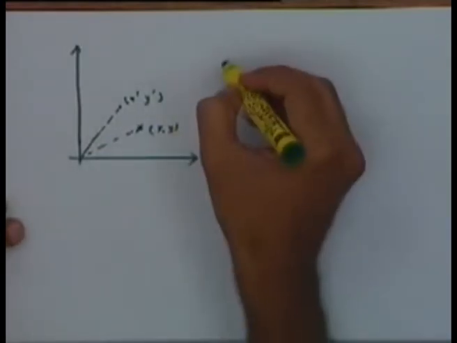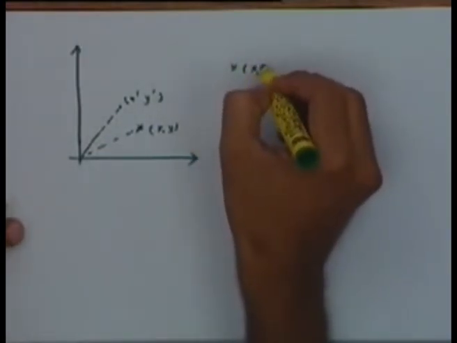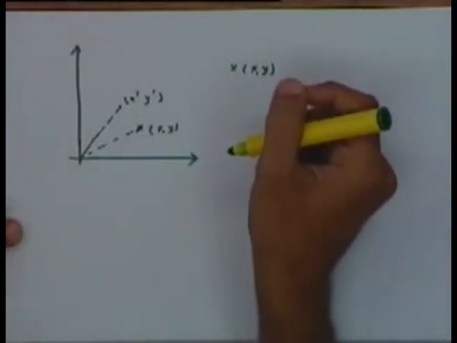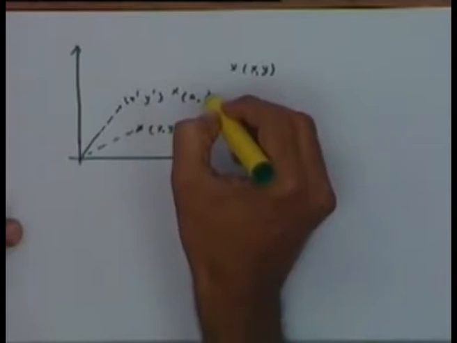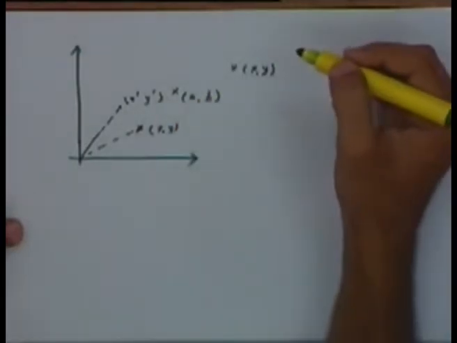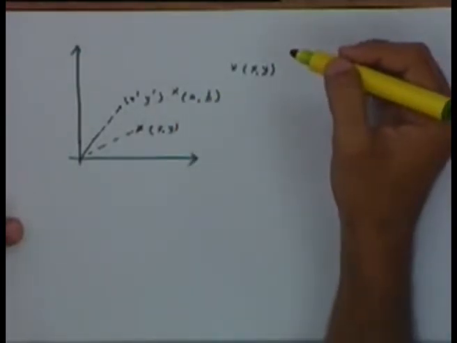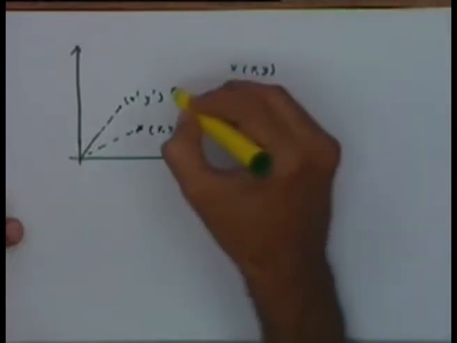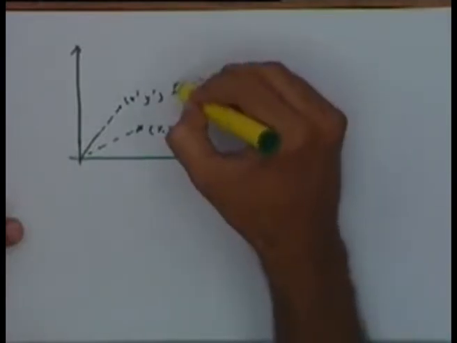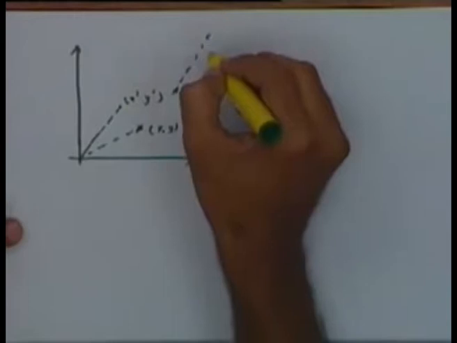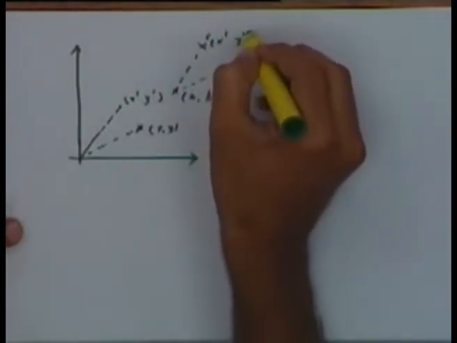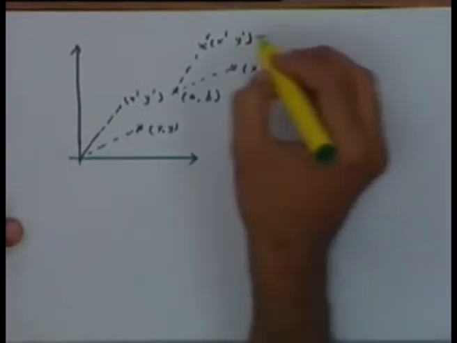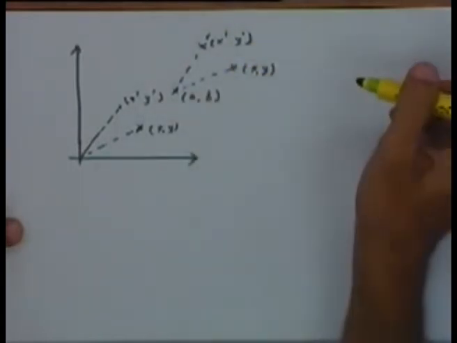Instead of that, if I have a point x y and I want to rotate it about any arbitrary point A B, how do I find out the values of x prime and y prime?